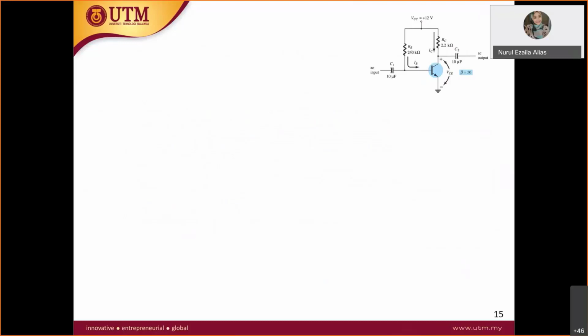So the first step is to open the capacitor. You redraw the circuit with the capacitors open, so it will look like this. You have a resistor here, and then you have your BJT, and another resistor here.